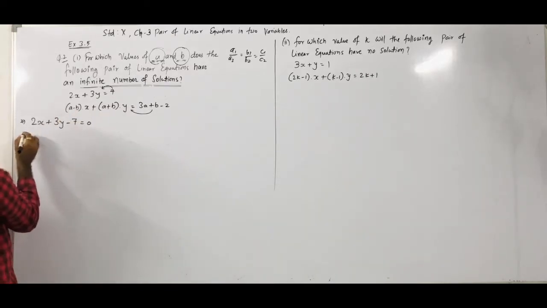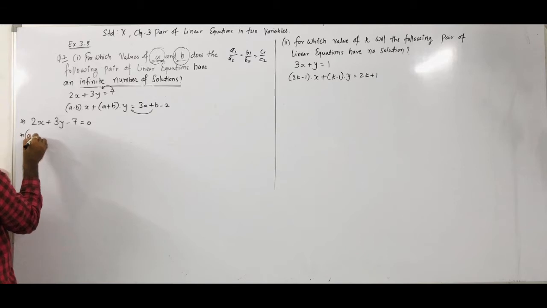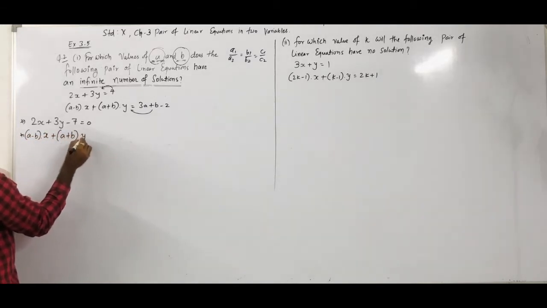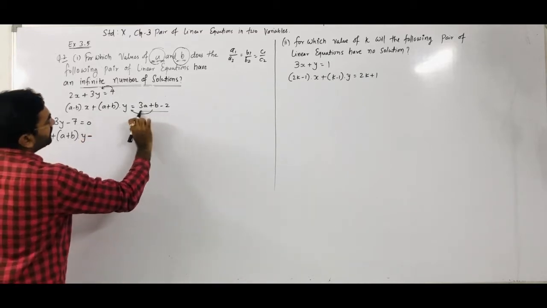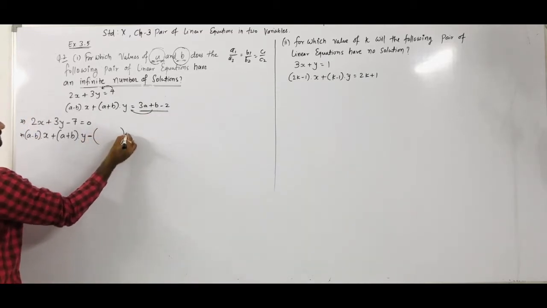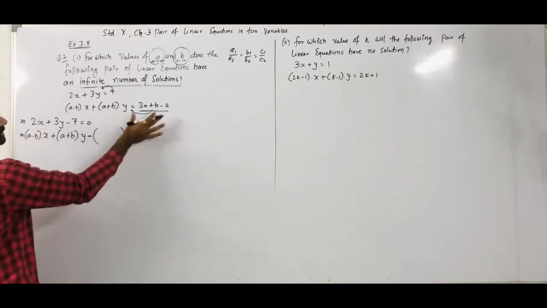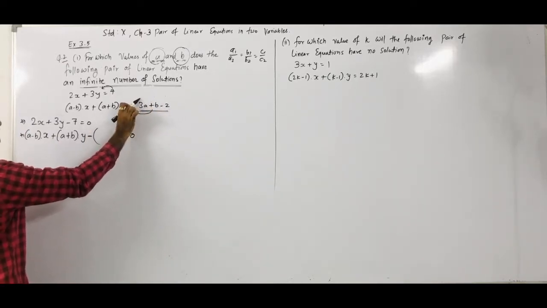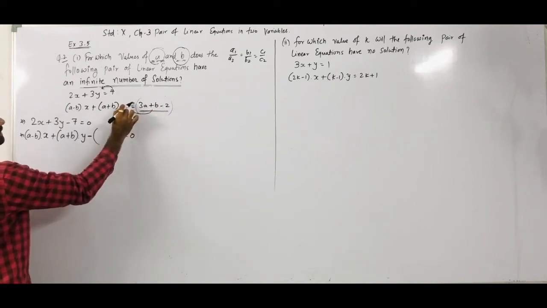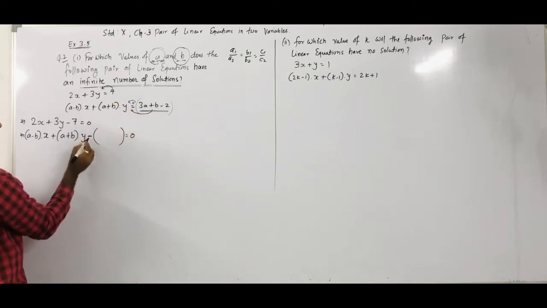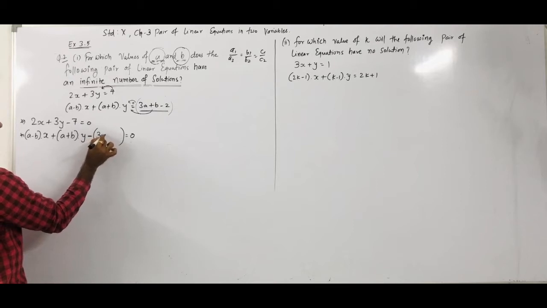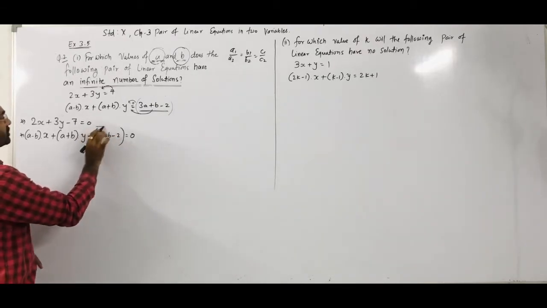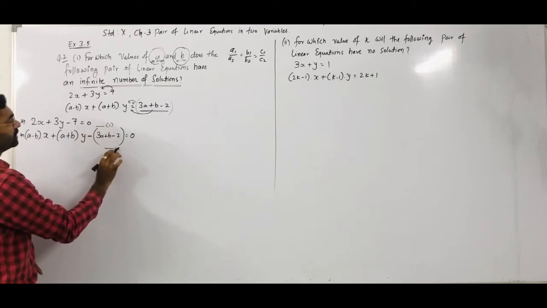In the same way, in the second equation, (a minus b) into x plus (a plus b) into y, and all terms from the right side are brought to the left hand side, so the sign changes to minus. In brackets we write 3a plus b minus 2, equal to 0. This is equation number 1, this is equation number 2.